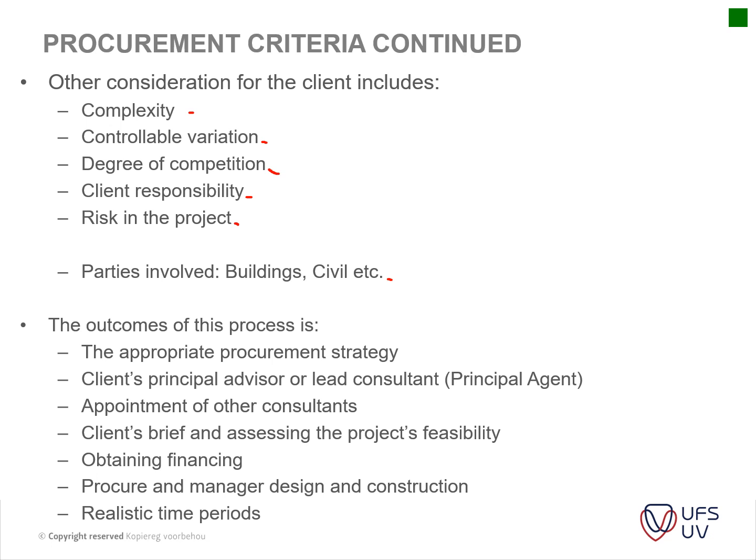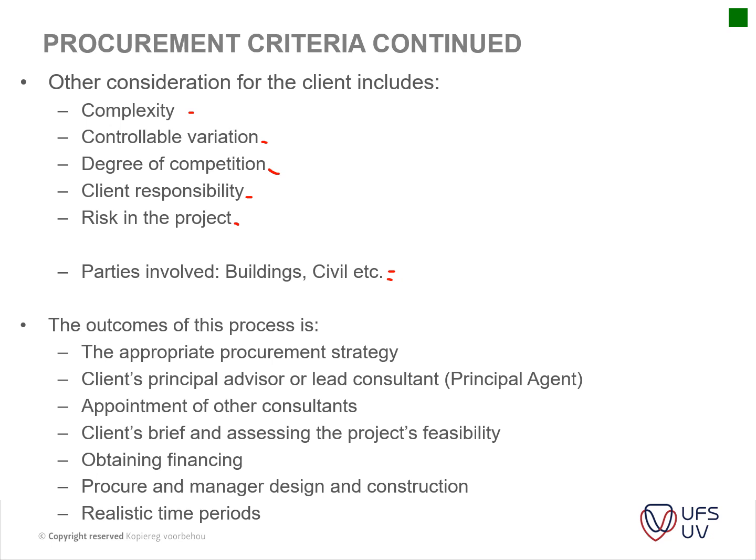If it's a smaller project, then usually they leave it to the offices where the project is taking place. If it's a very large project with a large capital outflow, head office will be very interested in whether everything goes well, because they're investing a lot of money into this project.